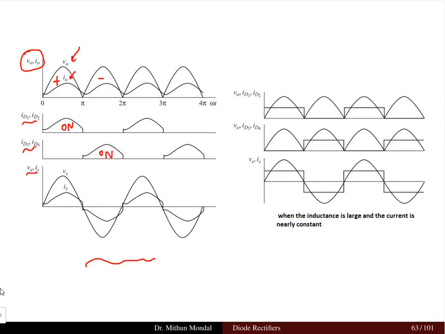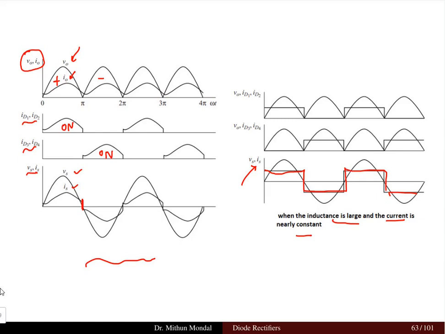The voltage and the current of the source, which will be Vs and Is, will be impacted because of the presence of the inductance. Now, if the inductance is large and the current is nearly constant, then you can see the voltage and the current. Here, a sudden dip was seen in the current, but it will be a pure square waveform for the current.